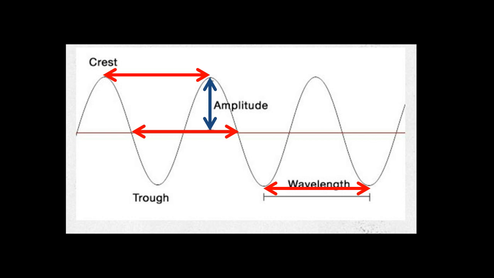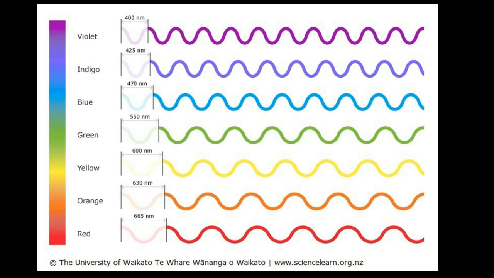All right. With that reminder, we have first to discuss the length of a wavelength, and how that affects frequency. So here you see the different wavelengths and the different waves of the colors of the rainbow.